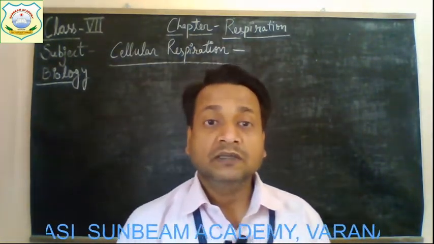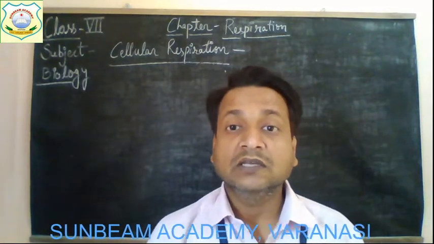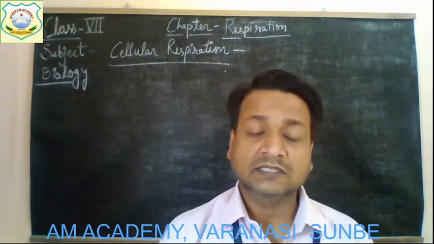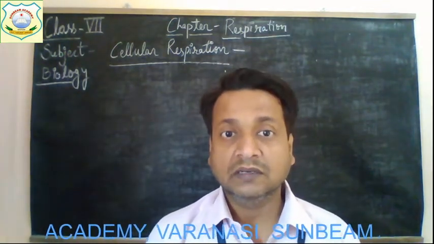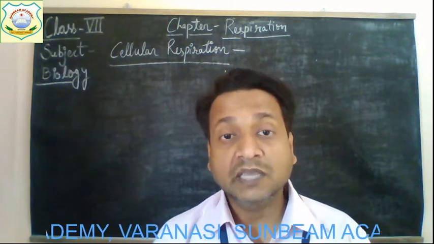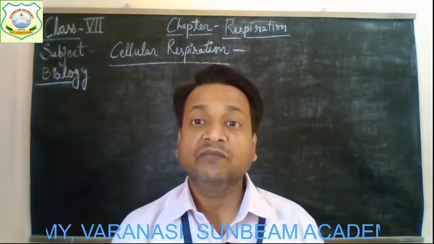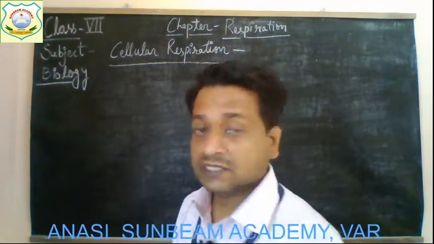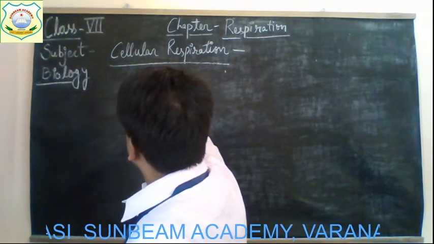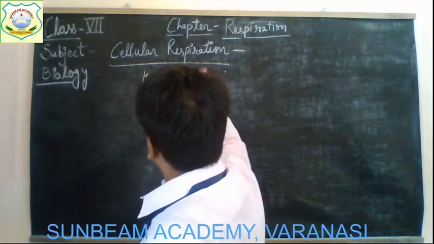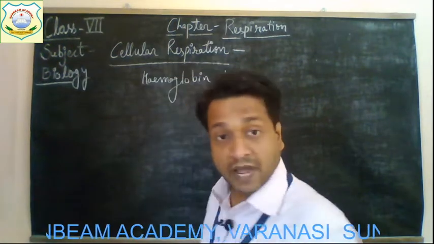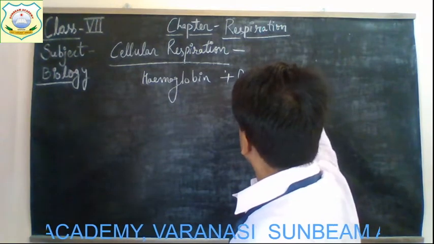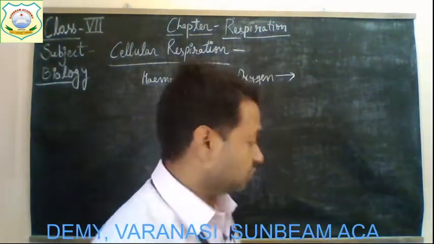Children, the blood which takes the oxygen to all the cells of our body has a substance called hemoglobin. This hemoglobin binds itself with oxygen to form oxyhemoglobin. So we can say that when hemoglobin combines with oxygen, it forms oxyhemoglobin.